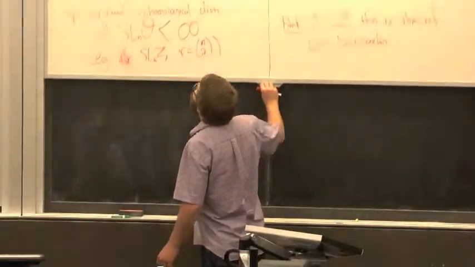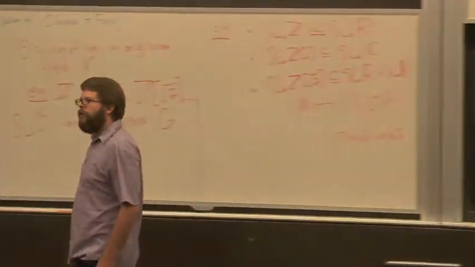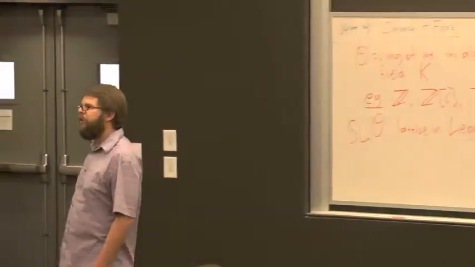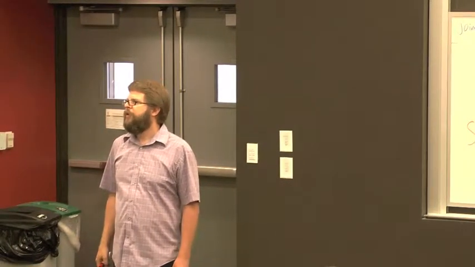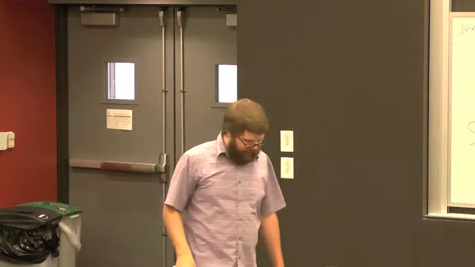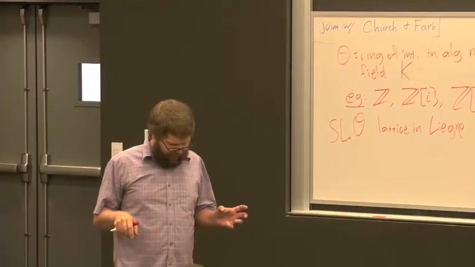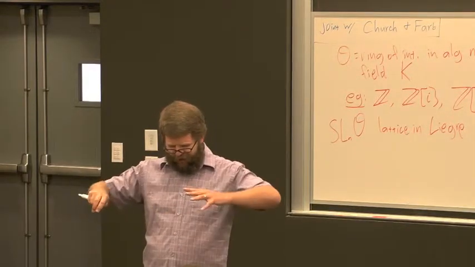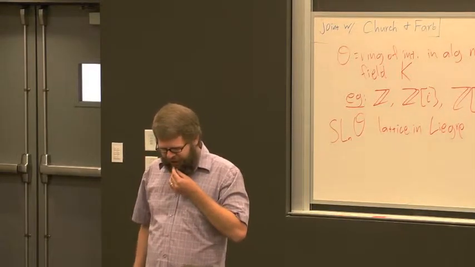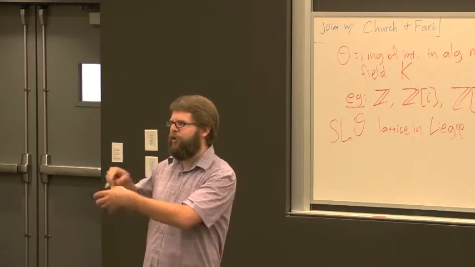Can I ask some basic questions before I get lost? Yeah. Virtual cohomological dimension, what is cohomological dimension? If you have, say, a group, or let's say you have some space, the cohomological dimension would be the top degree in which there exists some non-zero cohomology with respect to some local coefficient system.